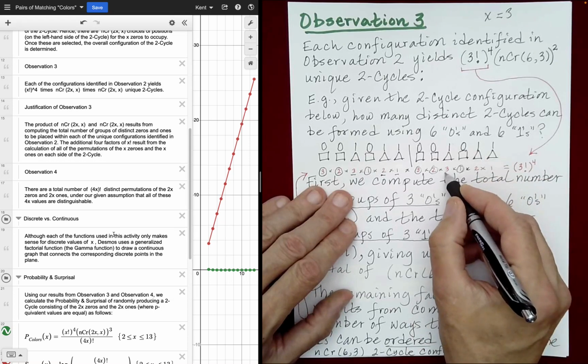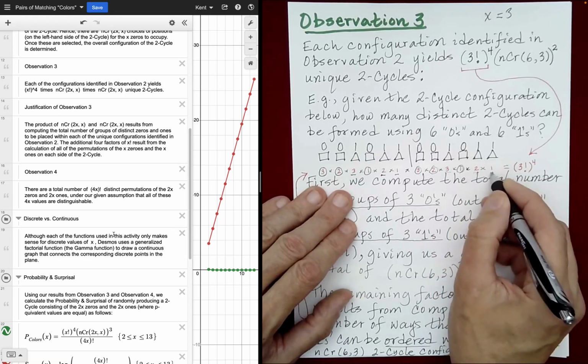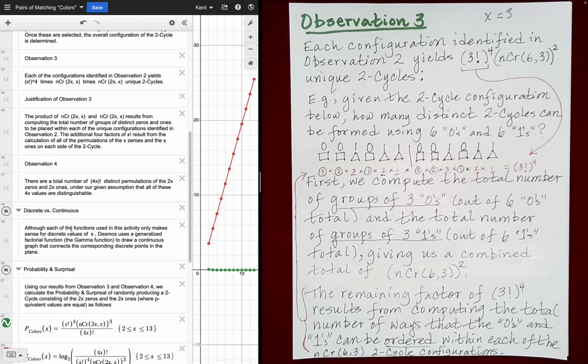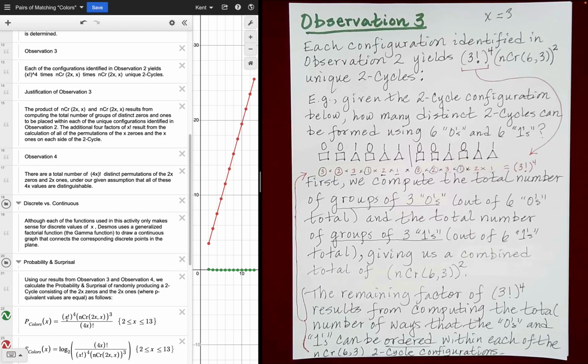And then we have our fourth 3 factorial right there. So the total number of ways of putting these sets of 3 zeros and 3 ones into these various locations is 3 factorial to the 4th. Now in the general case, it's x factorial to the 4th, right? So that's what we're seeing down here.